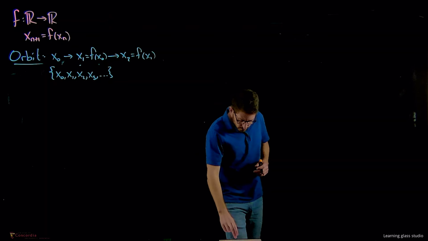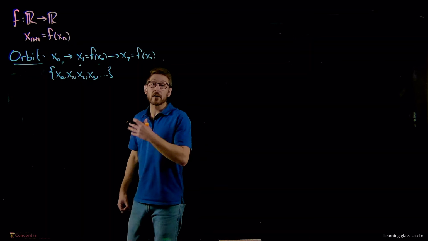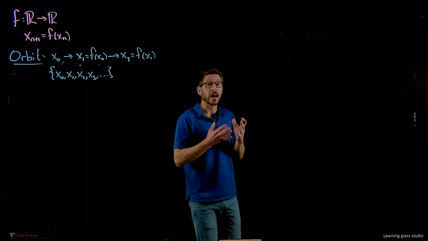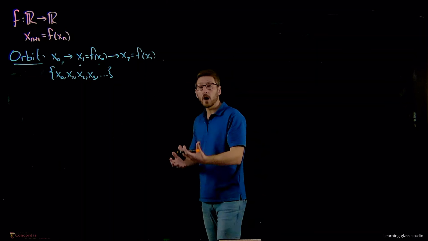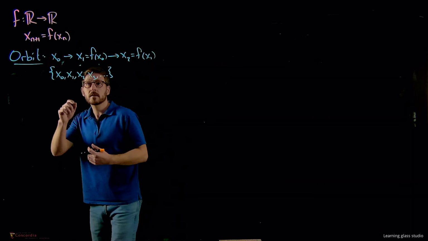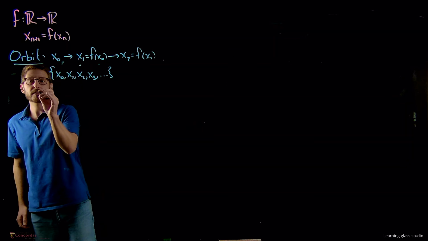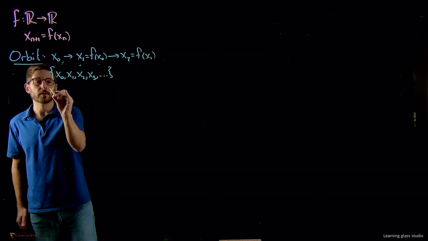Now, most of what we are interested in is understanding where this thing goes. That is the primary occupation of dynamical systems. We talk about limits, we talk about limiting sets, limiting objects, all of these kind of things. But before we talk about that, if f is invertible, we can also talk about a backwards orbit, right?